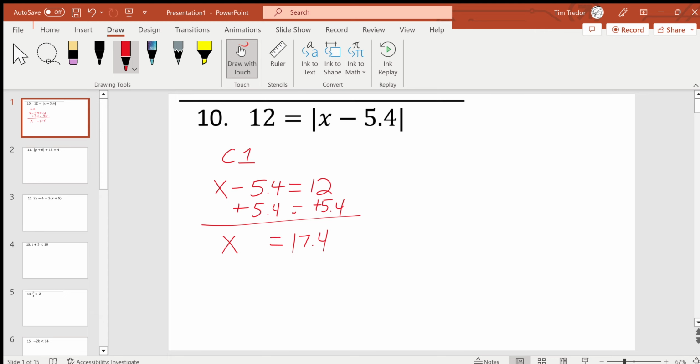And I've discovered a new problem. The pen is skipping. Alright, case 2 is going to be the opposite of what's in the absolute value. So x minus 5.4 equals negative 12.